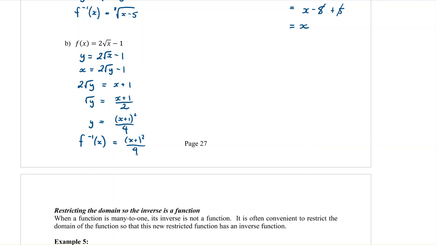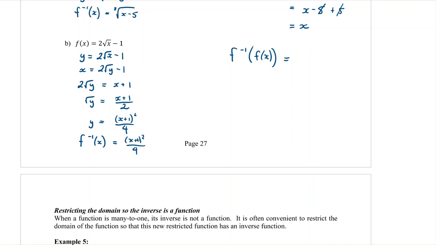So let's just do it one more time. We won't do both of them this time. I'm going to show that if I sub into my inverse function, the original function. So my inverse function is the x plus 1 in brackets squared over 4.